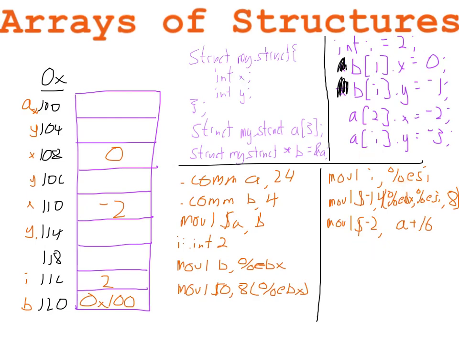So now having said that, let's go ahead and do our final instruction. We want to move MOVL $-3, and we're going to put it into A of I at position Y within our structure. So the way we would normally do that is as follows.